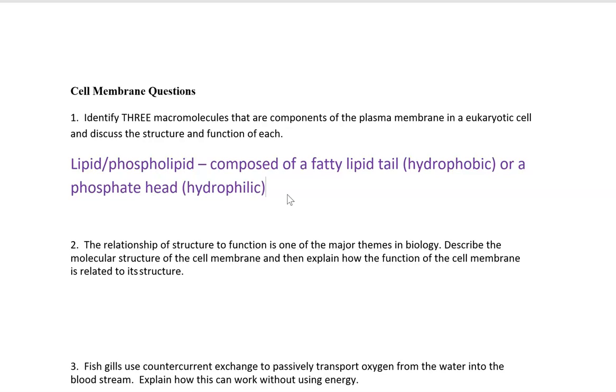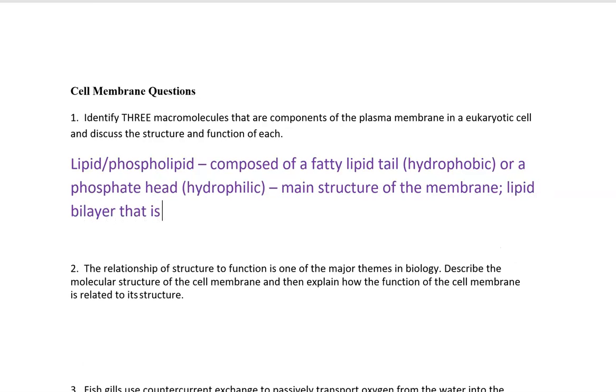So what is the function of the lipid/phospholipid in the membrane? Yep, it forms a lipid bilayer that is semi-permeable. Semi-permeable is a very important function of that membrane to talk about.